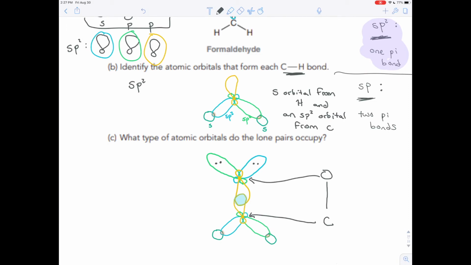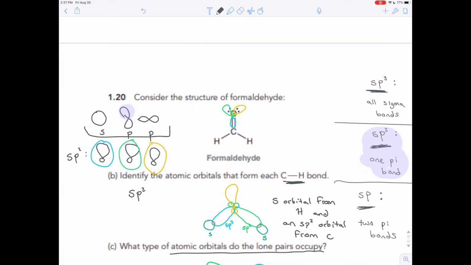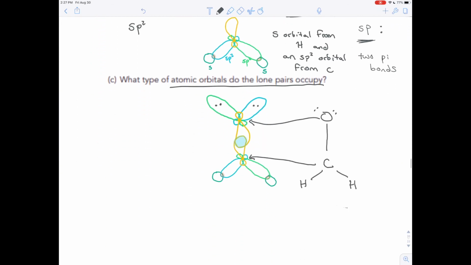So this is oxygen-carbon. We have the two bonds from carbon to hydrogen, and we've drawn the orbitals between those. And we have the two lone pairs, each existing in an sp2 orbital. So what type of atomic orbitals do the lone pairs on this oxygen occupy? They occupy sp2 orbitals. And you would know that because that oxygen only has one pi bond, and so it's sp2 hybridized.